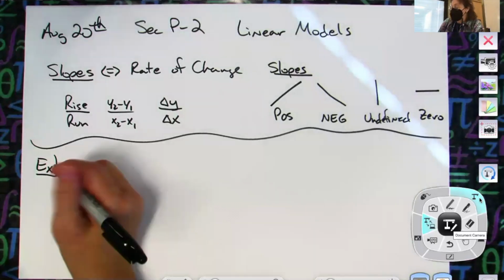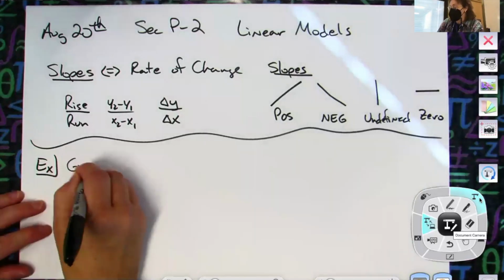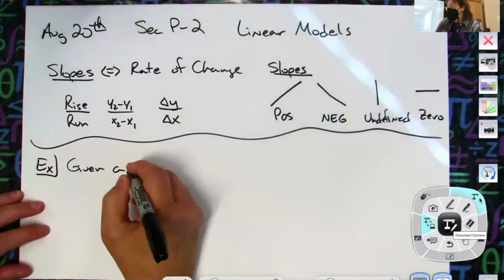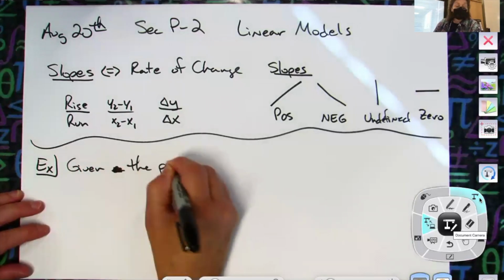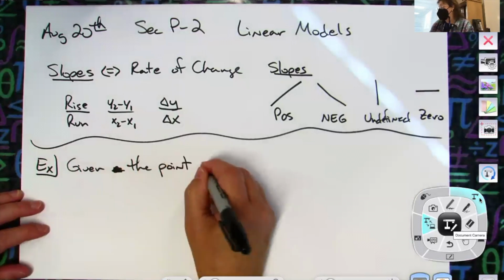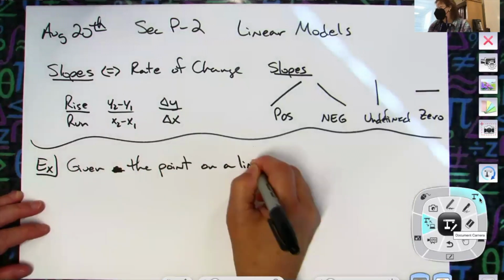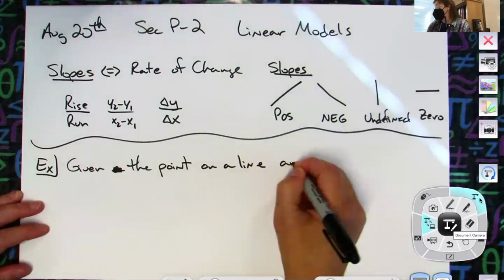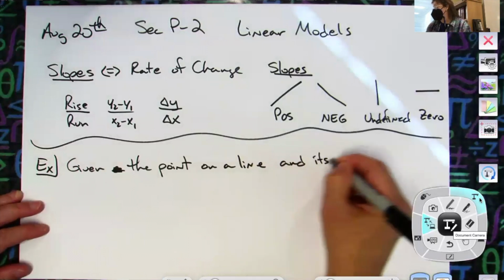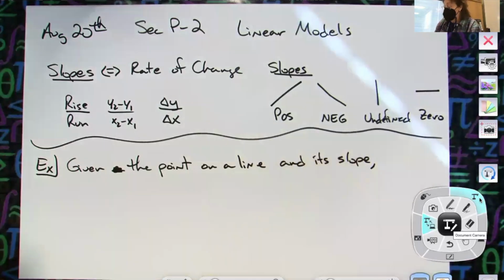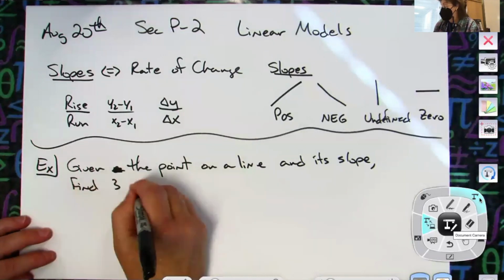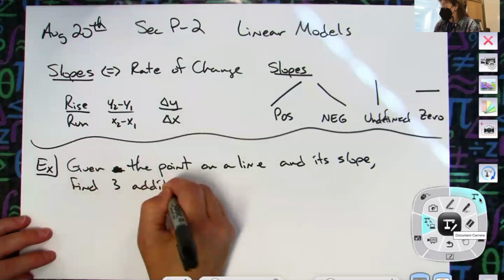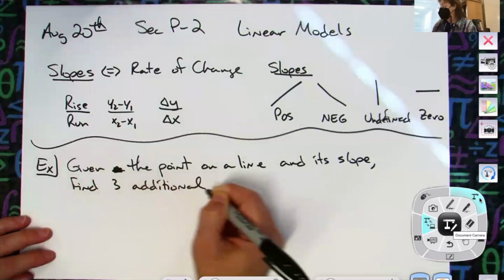What if it says, given a point on a line and its slope, find 3 additional points on the line?